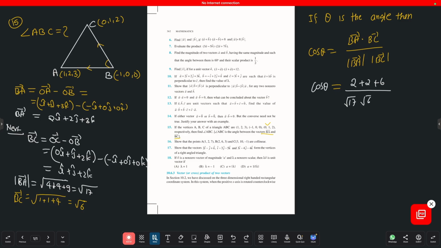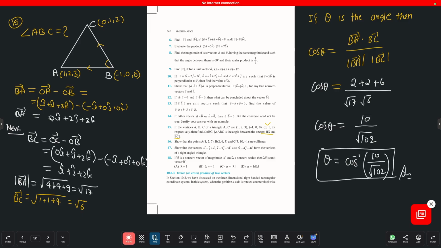Cos theta equals 2 plus 2 plus 6, which is 10, upon root 17 into root 6, which is root 102. Then theta is cos inverse of 10 by root over 102. This is your angle ABC.